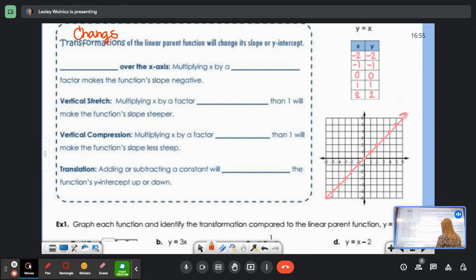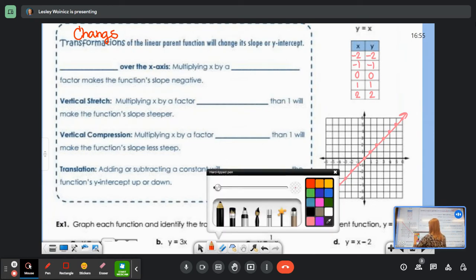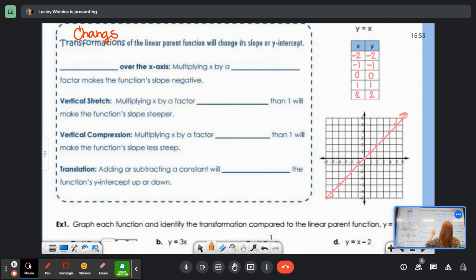So the first thing that we can do is make the slope negative, and that would be with a reflection over the x-axis. If we multiply our x by a negative factor, that would make the function slope negative.